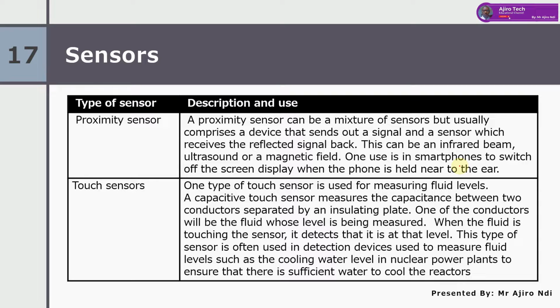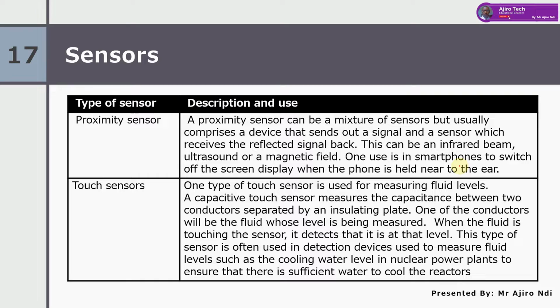Whenever you take your phone close to your ear, probably because you want to make a call, notice that the screen goes off. That is because of the proximity sensor. Okay, that's a good example of a proximity sensor.